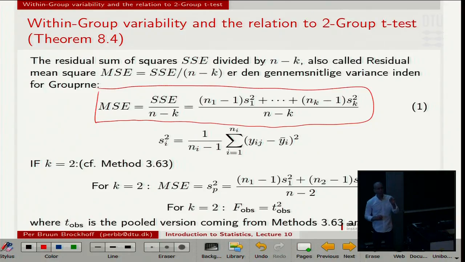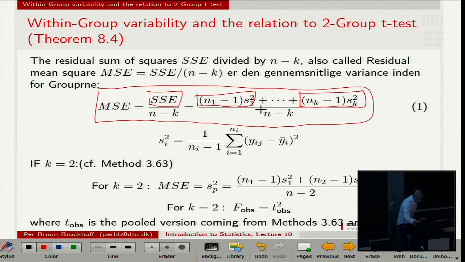Even though it might not appear like that when we looked at the formula, remember the definition of SSE was a double summation, where the sum of squares could be expressed as a weighted average of the original variances.